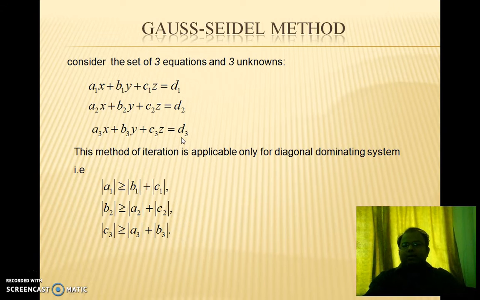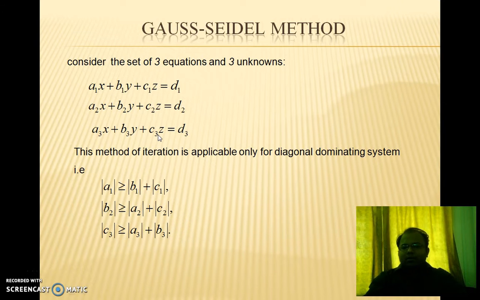Here we note that to use the Gauss-Seidel method for this type of linear simultaneous equations, the given system must be in diagonal dominating form. Unless and until it is, we cannot use the Gauss-Seidel method. Now what is meant by a diagonal dominating system? Consider this type of equation and its diagonal elements a1, b2, c3.